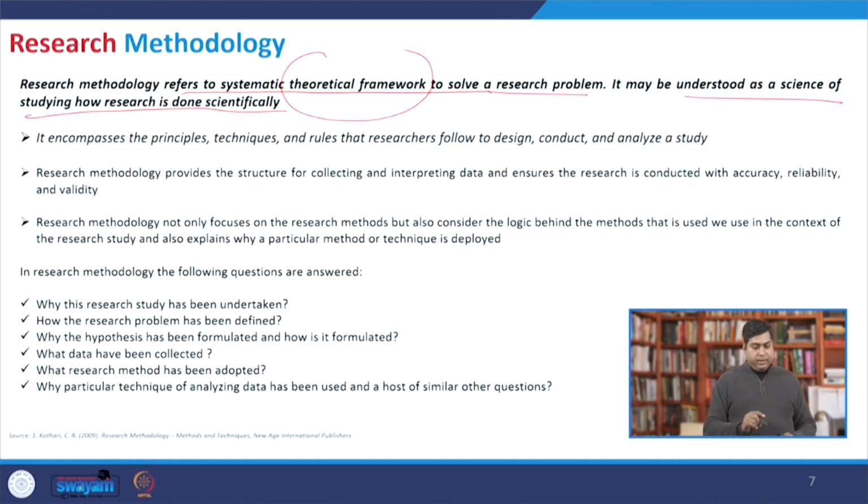Say, for example, if we read a little more on that, it encompasses the principles, techniques, and rules that researchers follow to design, conduct and analyze the study. It's not only selecting a particular statistical method for your research, it is the entire research process, like framing the problem, then framing the objective-wise different tasks, then the data sources and all.